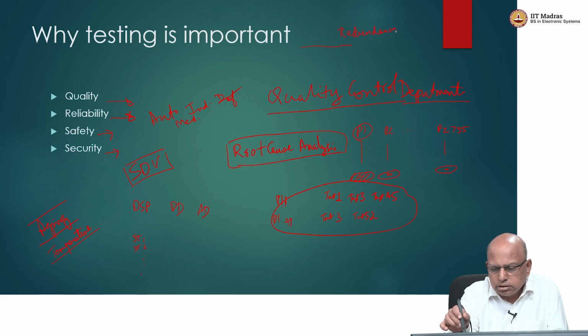Suppose you wanted to send some information from A to B, and you know that there may be impediments on the way. The information may not get delivered because of various problems. So, what would you do? You will try to also have an alternate path, and send the information in two different paths.